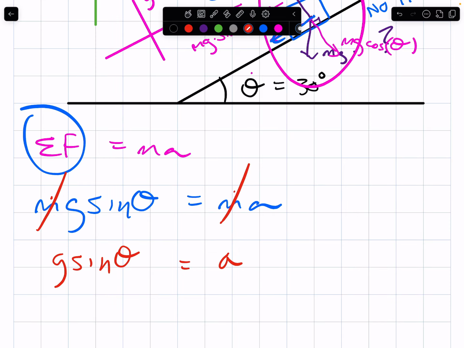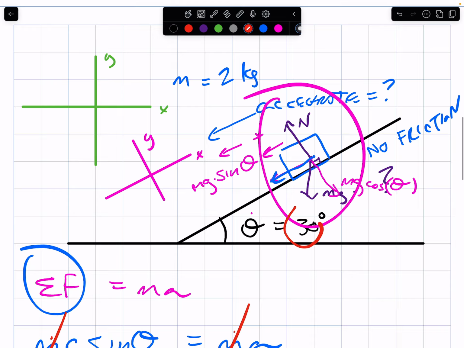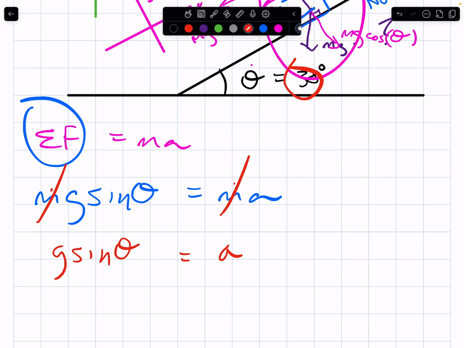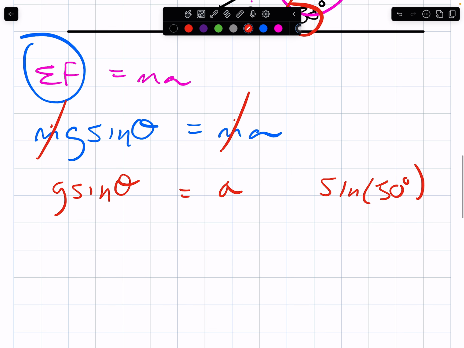But you do need to know what the sine of 30 degrees is. For this, you could use your calculator, or you could memorize it. But since most of you aren't using calculators, and you might not be good at memorizing things, you're going to be provided with a list of common sines, cosines and tangents of angles. It turns out that sine 30 is equal to 0.5.